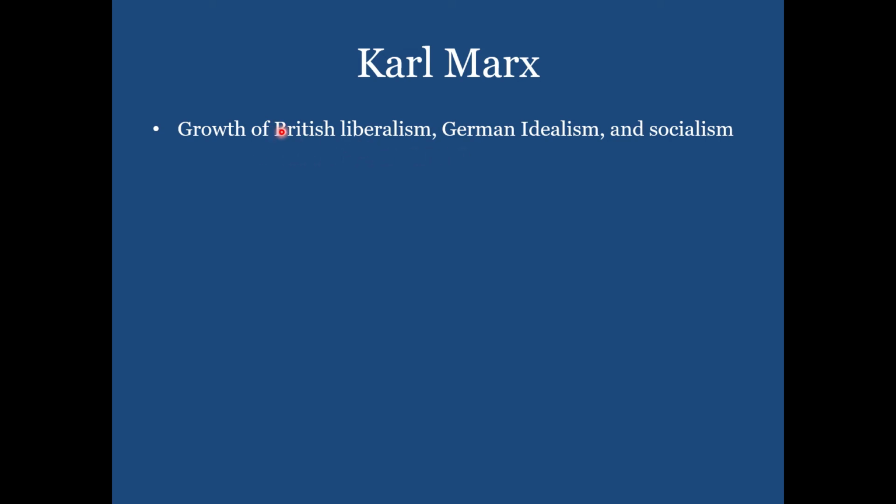So he's a hybrid of British liberalism, German idealism, and socialism. Now, you might be like, Professor, aren't socialism and Marxism the same thing? Well, nowadays they've become kind of synonyms, but at this time they weren't. Now, what are these three things really quick? Well, we did liberalism already, right? That focus on British liberty. German idealism, the big two are Hegel and Kant.